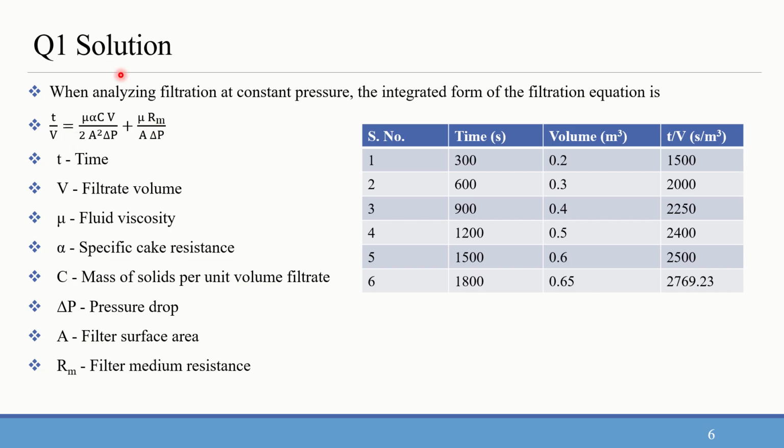So when we know the slope and the intercept, we can get alpha and Rm, that is, the specific cake resistance and the filter medium resistance. So now we have to find out the slope and intercept. How can we find them? What we can do is plot t by V versus V.